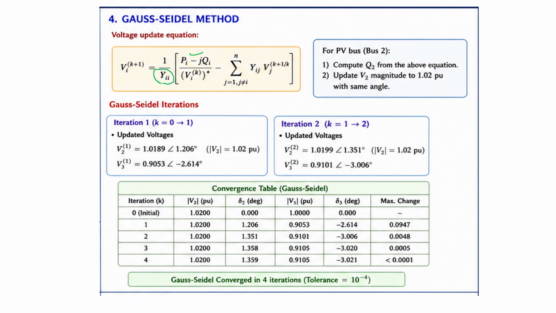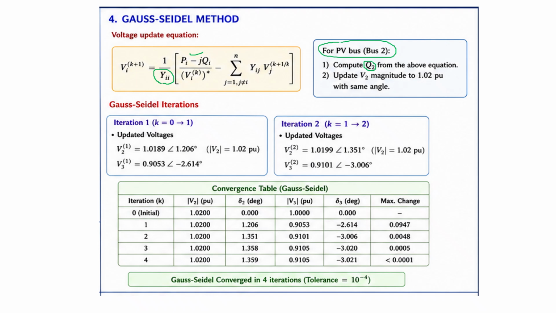So to carry out the calculation for a PV bus, we'll compute Q because we don't have Q for a PV bus. We have the equation for Q, which is stated on slide 1. By using that, we'll calculate the magnitude of Q2 for the first iteration. Then update V2.